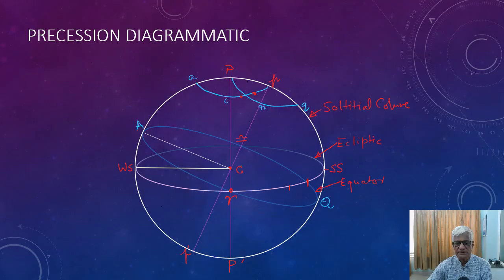And this equinox also keeps moving towards the west. This is the precession of the equinoxes.